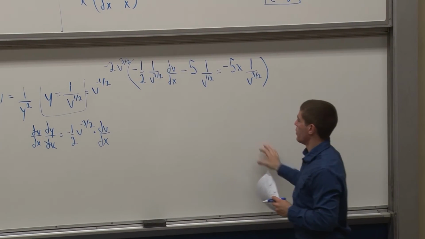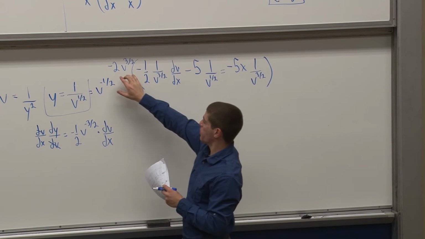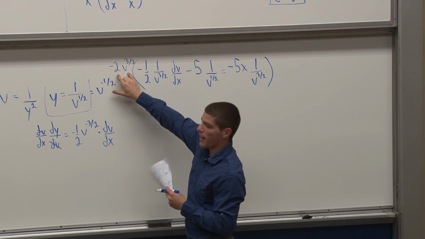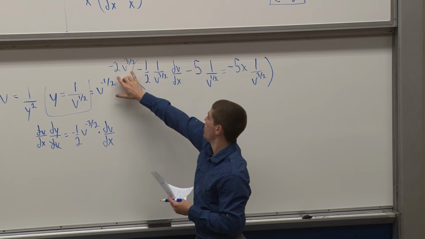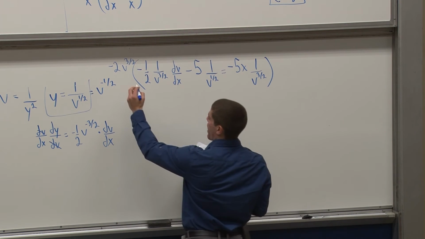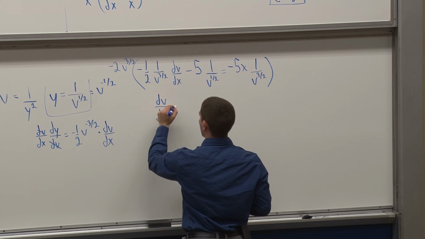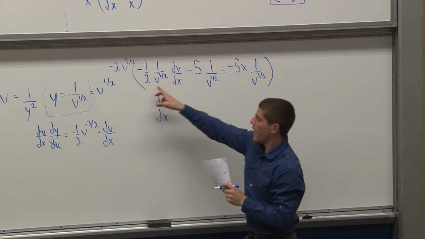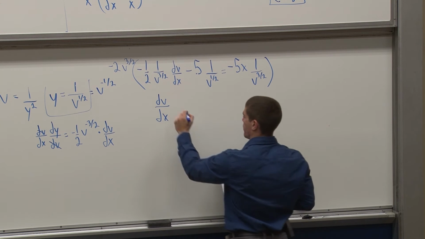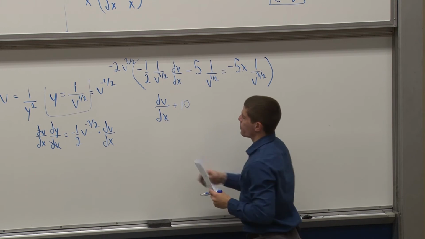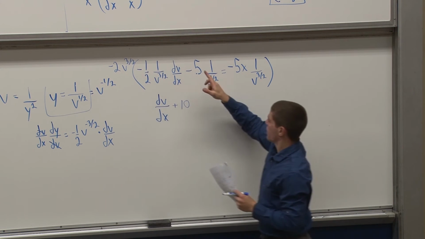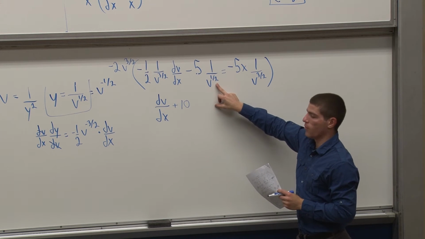OK, cool. So once we multiply this whole thing through, this factor that I made to undo this coefficient, we'll see what happens. So this obviously cancels out the beginning, so you have dv dx. OK, so now you have negative 2 times negative 5 plus 10. V to the 3 over 2, 1 over v to the 1/2.